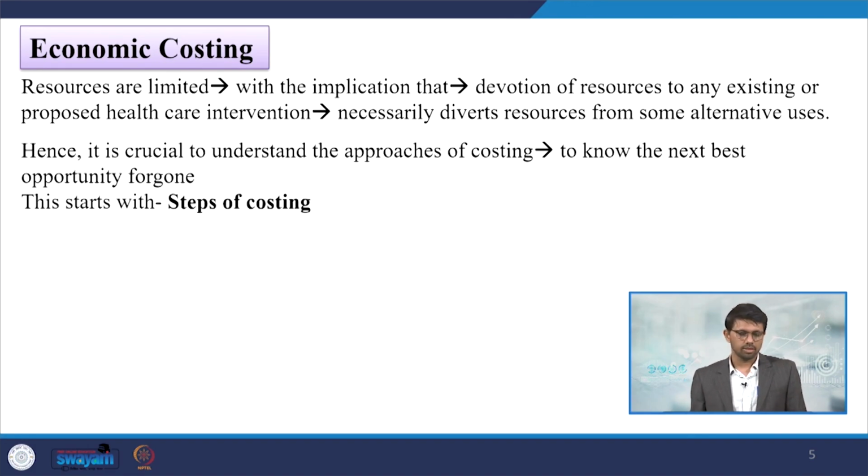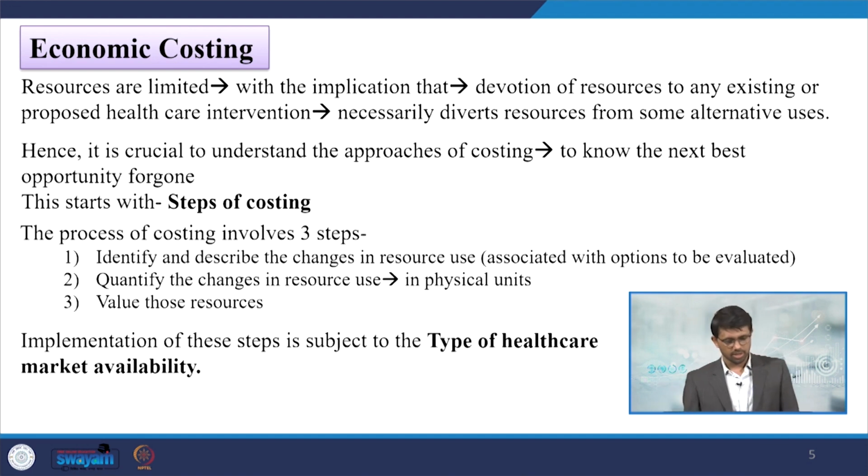When we discuss economic costing, the process involves 3 steps. First is to identify the changes in resource use. Next, we need to quantify the changes in resource use in physical units, and the last is to understand their value.